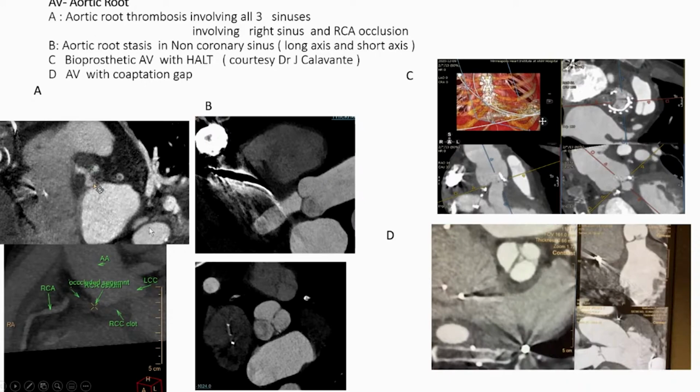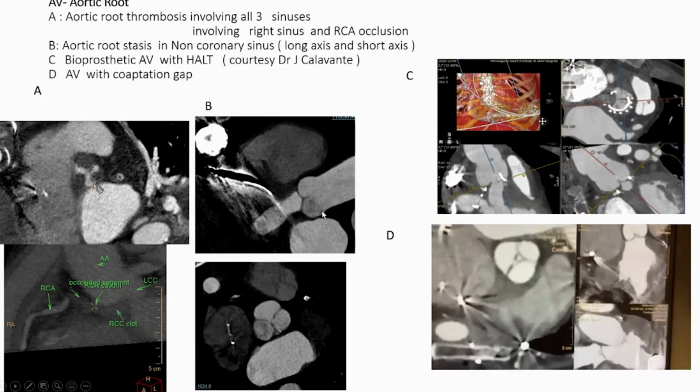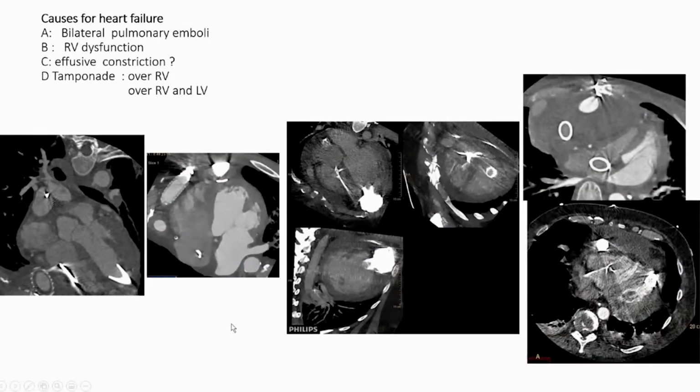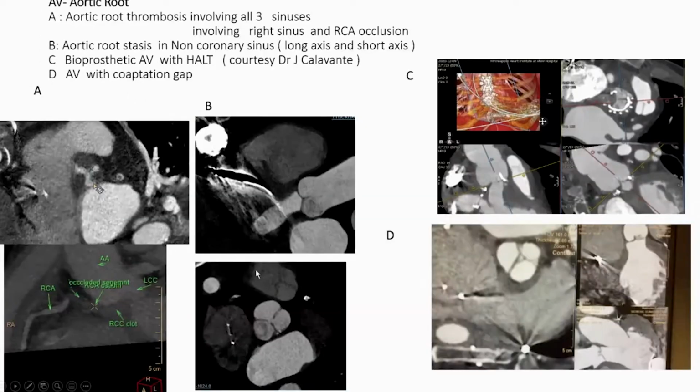As you can see right here, this is the case of a patient I'm going to show you later with thrombosis of the RCA secondary to the clot formed in the right coronary sinus. And the other thing that we're seeing sometimes is what we call stasis in the sinus, which is of unknown clinical significance.